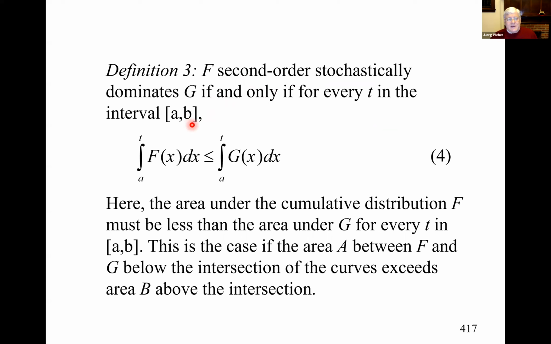So you have the interval from A to B, that's the domain of the CDF, on the lower axis, it goes from A to B. Now, if you do the integration under the F, if you have less here than here, okay, so the area under the cumulative distribution F must be less than the area under G. Then F, again, second order stochastically dominates.